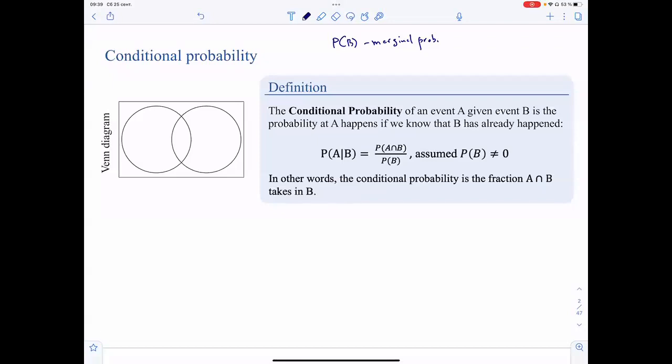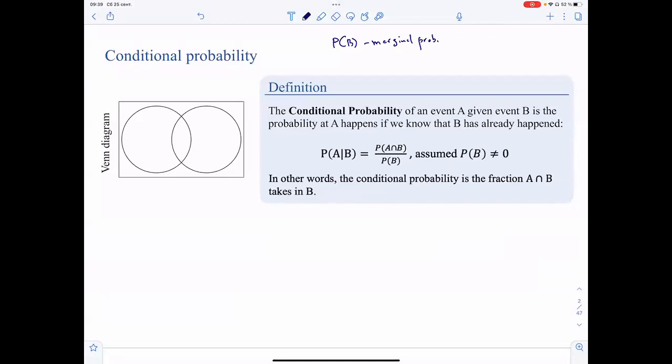So we said the probability of a random event A, given that we know that B happened, equals the fraction of the probability that both of these happen, divided by the probability of the condition.